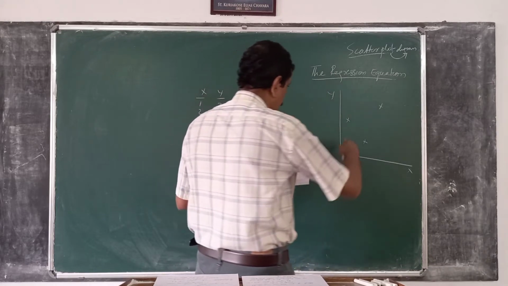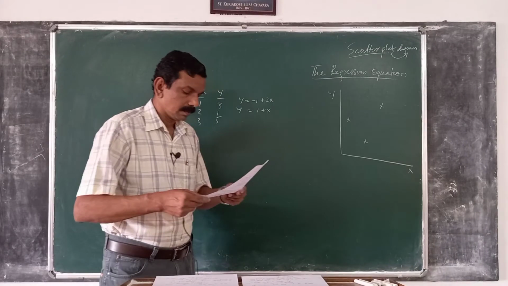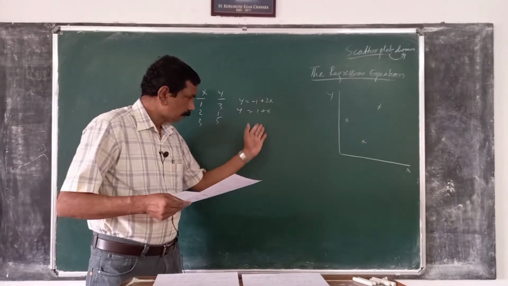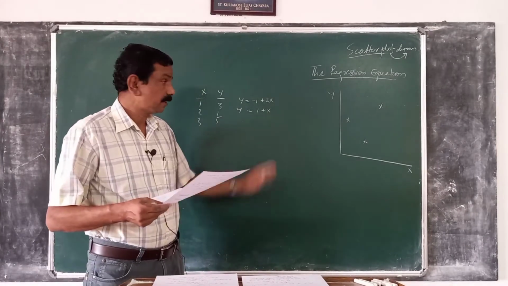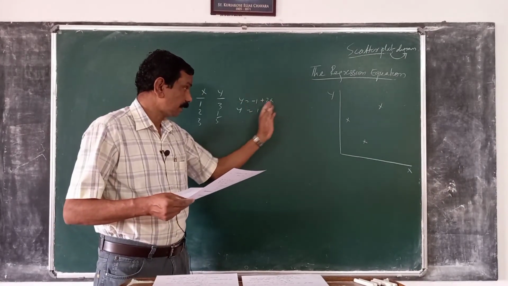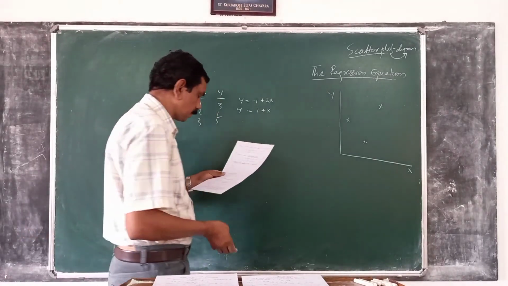Now suppose that one line is A, and we have to determine which line fits the data well. Which line, minus 1 plus 2x or 1 plus x, fits the data points.